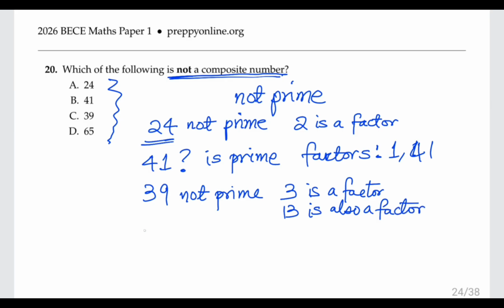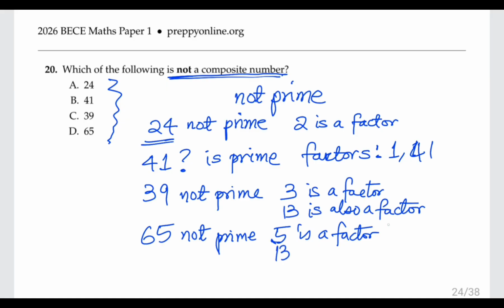What about 65? 65 is not prime. Why? Because 5 is a factor. 5 is a factor of 65. If 5 is a factor, 13 is also a factor. I say that if 5 is a factor, 13 also must be, because a number being a factor means that we can divide by that number.